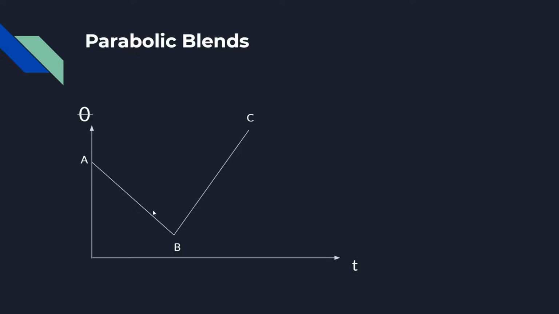So parabolic blends goes like this. They have linear sections in between 2 points, but as we start approaching the point, we decide to shift from linear movement to a parabolic movement. So our motion changes into a parabolic motion, and then again becomes linear.